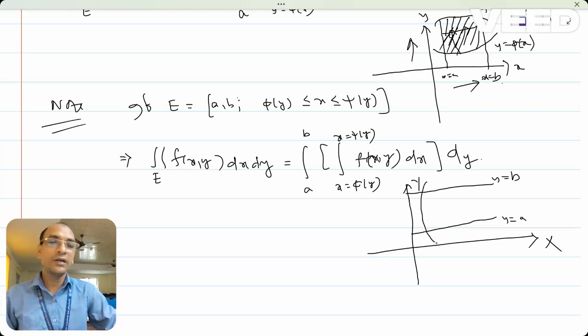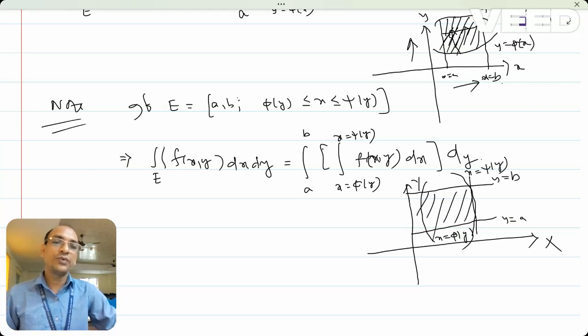This is the curve x equal to phi y, and this is the curve x equal to psi of y. Now this is the region bounded by these four things: y equal to a, y equal to b, x equal to phi y, and x equal to psi y.